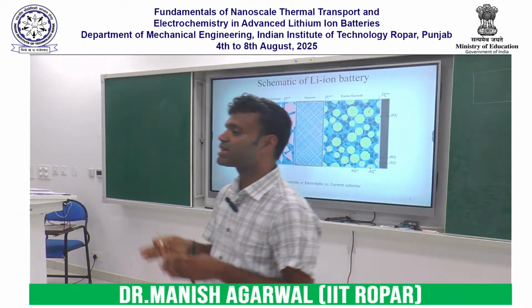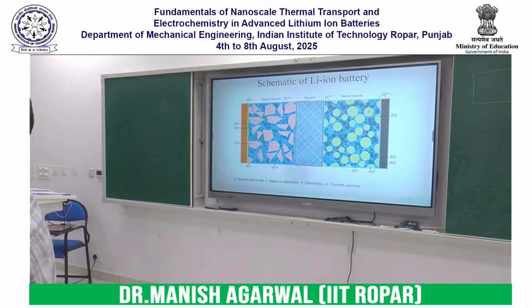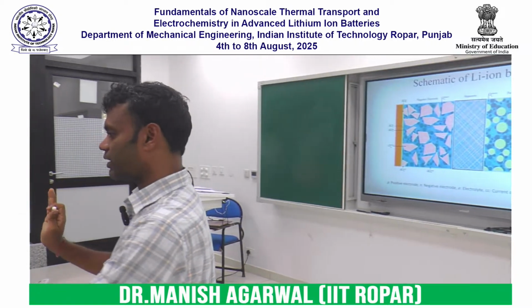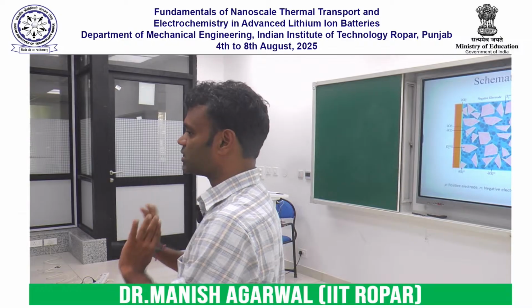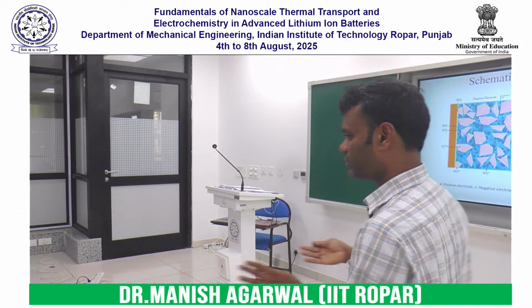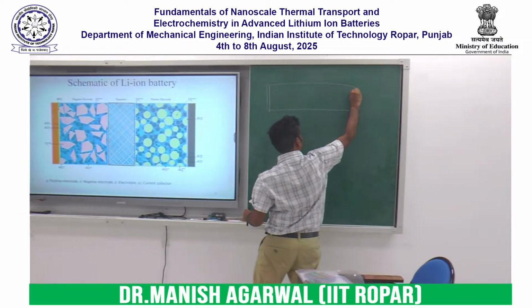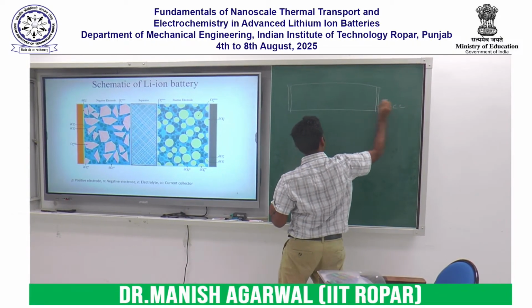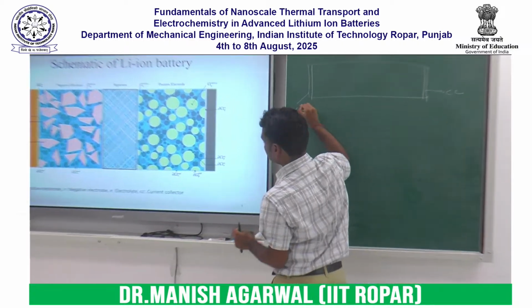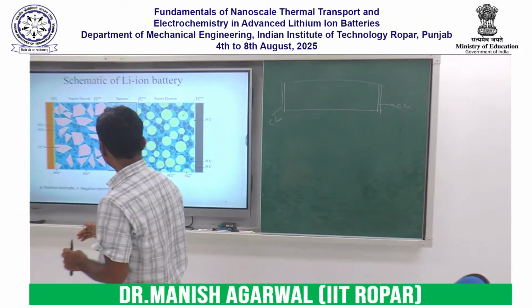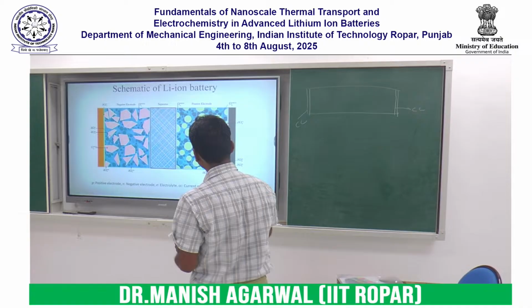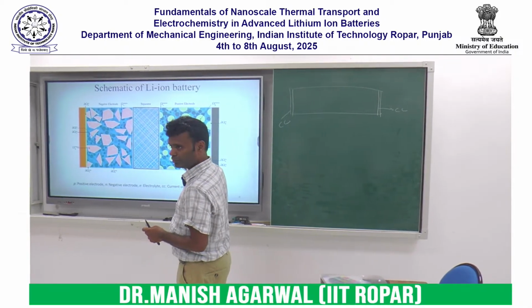These are known as current collectors. They are just metal strips which take the current out from the lithium ion battery to the external circuit, nothing much. These are not something fancy, quite preliminary stuff. Now after that we have the positive electrode.